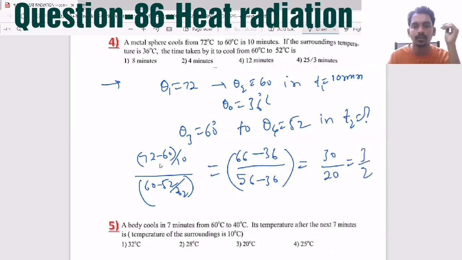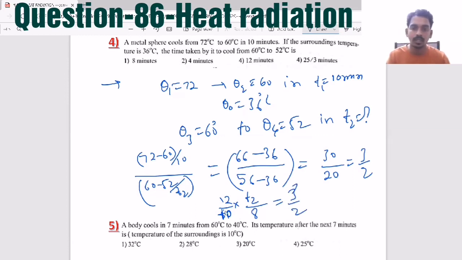Then if you solve this one then you will get the answer. Here 12 by t1, into t1 is 10, into t2 by this is 60 minus 52 that is 8, equal to 3 by 2. So 3, 4 the 4, 2 the 2, 2 cancel. So t2 equal to 10 minutes.